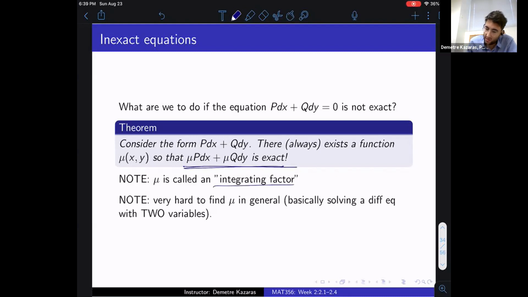This mu is called an integrating factor, just like the u. The u from before, from the linear equations, is an example of a mu.